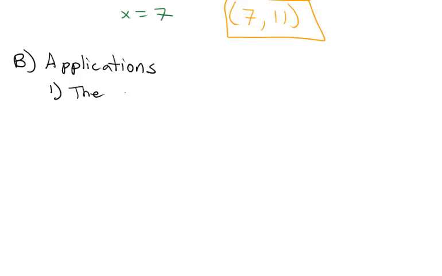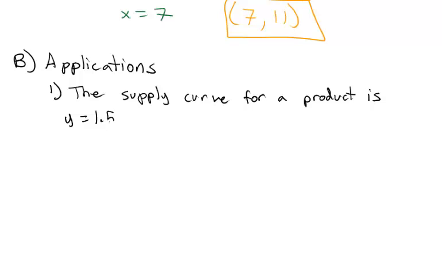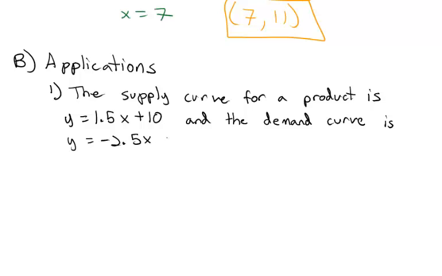The supply curve for a product has been calculated to be y equals 1.5x plus 10. And the demand curve is y equals negative 2.5x plus 34.